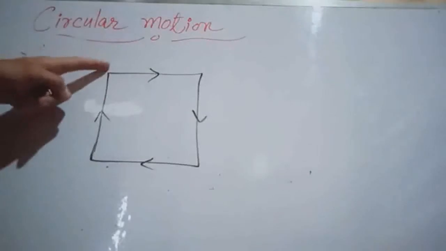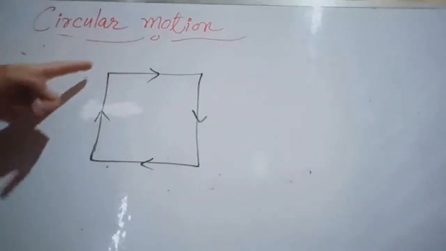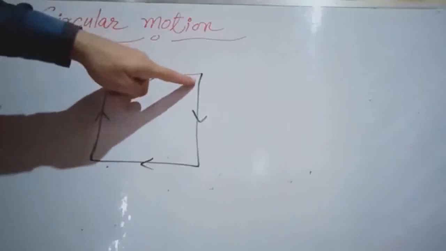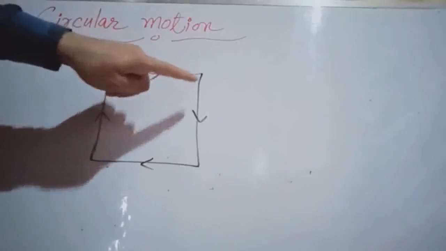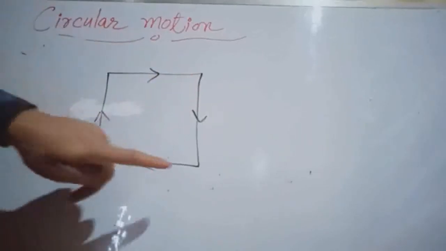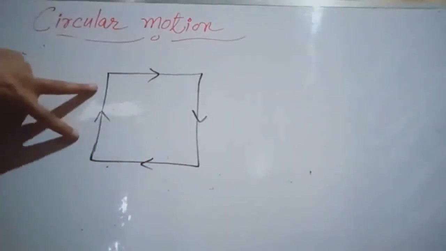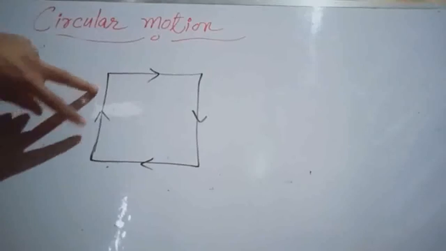Here the direction is changed. This means that velocity is changing. Here also the direction is changed, and this means the velocity is changed. And here also, and here also, this means that the athlete changes his velocity 4 times.